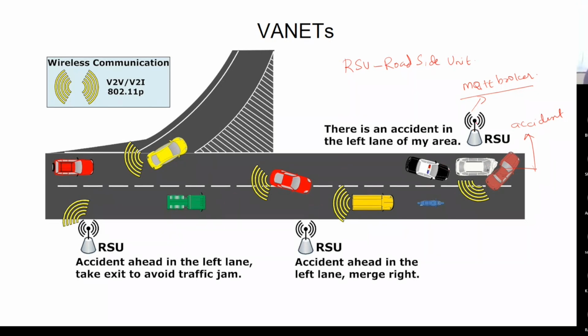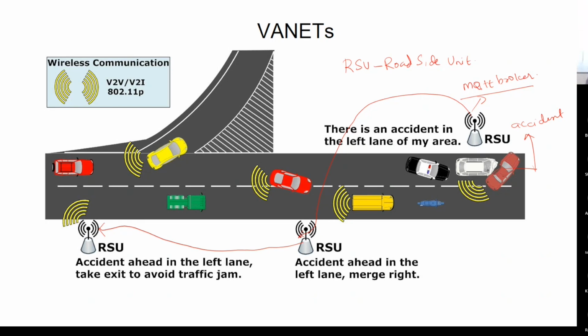Now this roadside unit sends the information to another roadside unit, and that one sends the information to the next. Likewise, in the next 10 kilometers or 5 kilometers, according to the implementation, the messages are transmitted from one roadside unit to another.